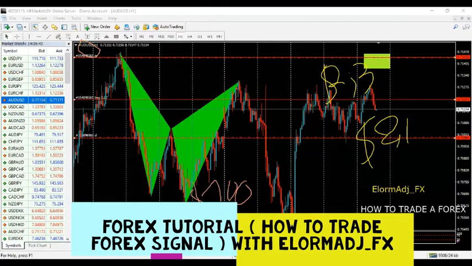So I'm using a $100 account. And if you are using 0.01 for AUD/USD and you are losing, it means that you'll be losing at least 2% of your account.